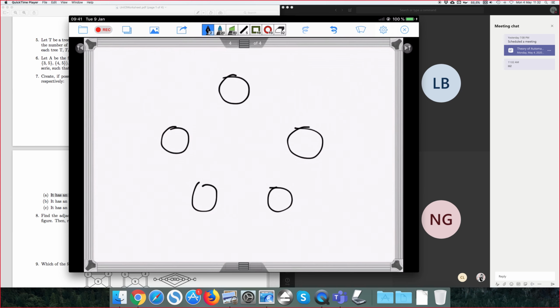So a Hamiltonian cycle uses all the vertices once and only once. An Eulerian cycle uses all the edges once and only once. What I can do is to just join all the vertices like this, okay?